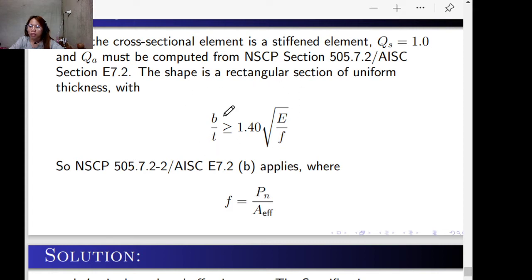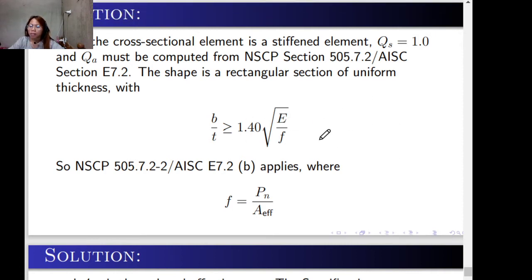And since B over T is greater than or equal to this 1.40 square root of E over F, which is the limiting value for non-compact, meaning it is beyond non-compact, it is slender, so local buckling needs to be evaluated, no?